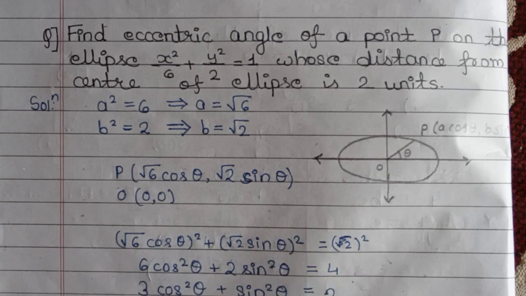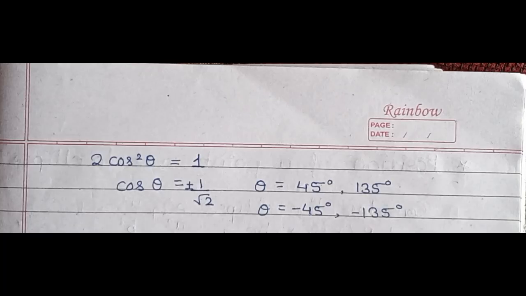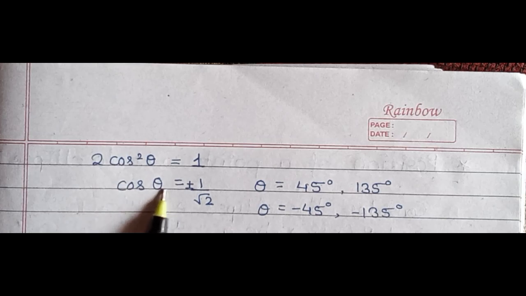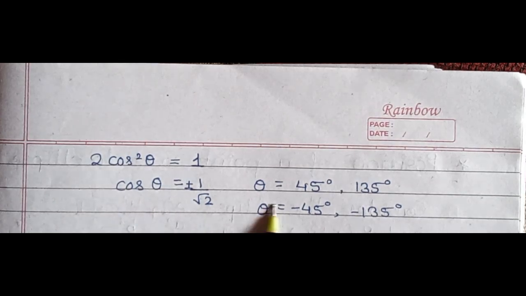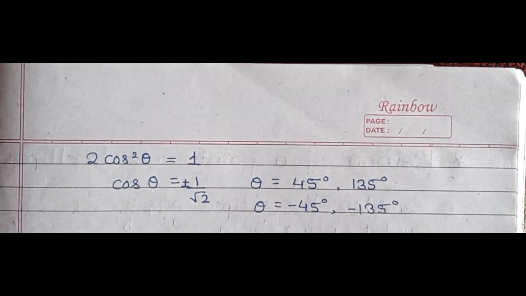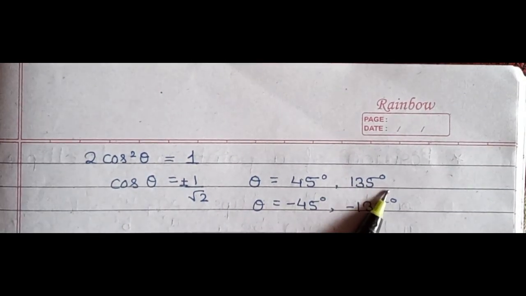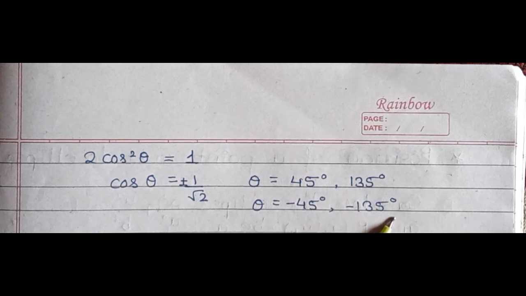On solving this further, you can get 2 cos square theta is equal to 1, so cos theta is plus minus 1 by root 2. The values of theta are either 45 degree or 135 degree, or theta will be minus 45 degree or minus 135 degree. The point can be on first quadrant or fourth quadrant, so depending on it there will be the signs here.